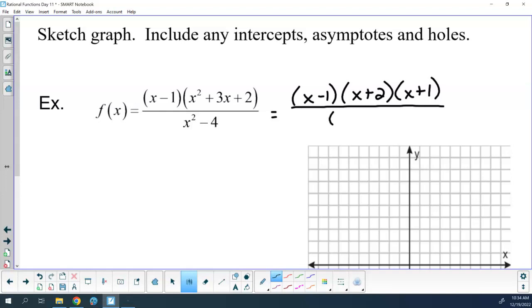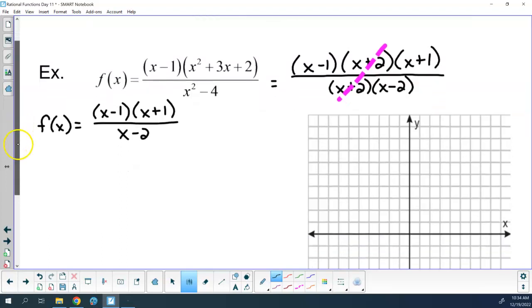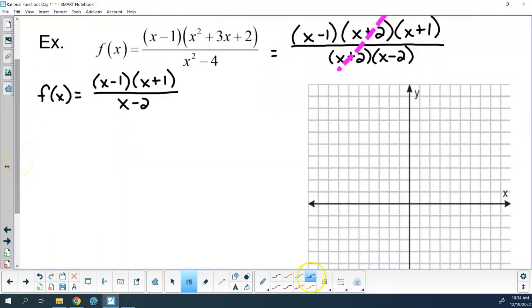Does anything cancel out? My x plus 2's cancel each other out. So my new function going forward, actually I shouldn't say that. My new function will be f of x equals x minus 1 times x plus 1 all over x minus 2. Yes?